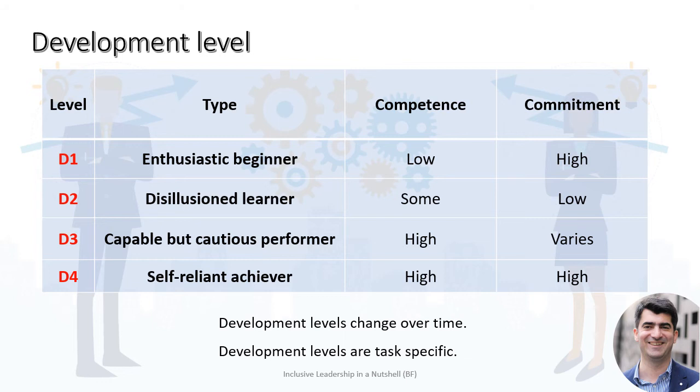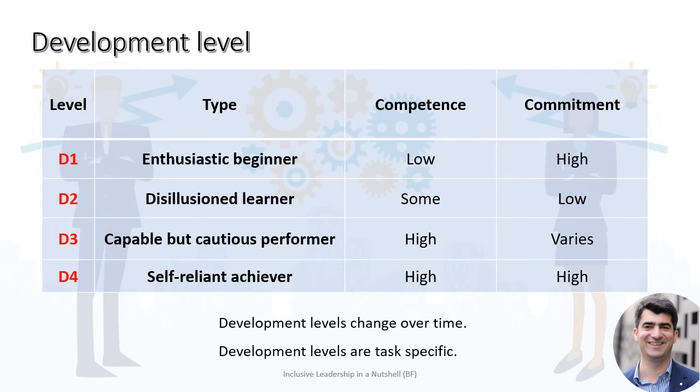The next level of employees is D3. At this level, the employees are capable but cautious performers. The team members certainly have high competence, but they have variable commitment.